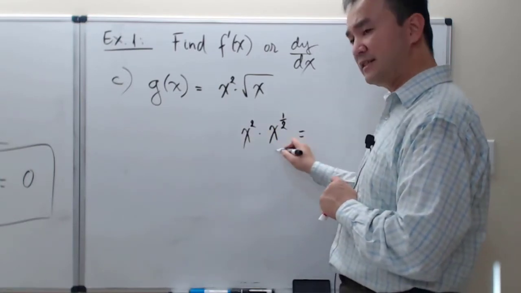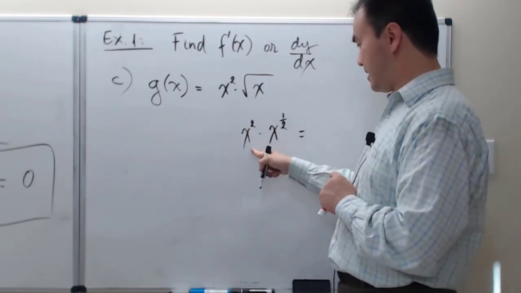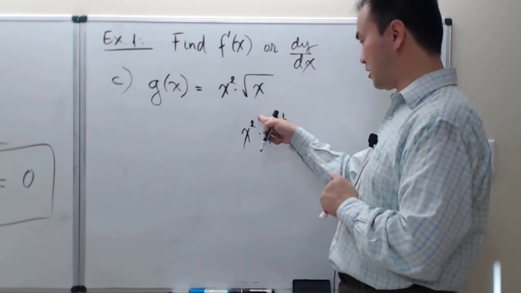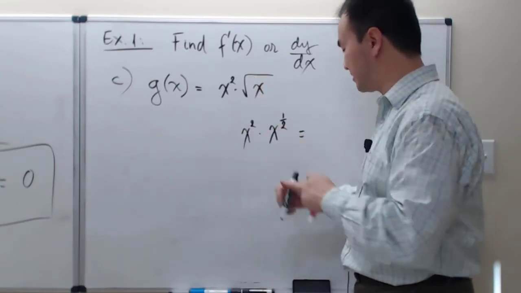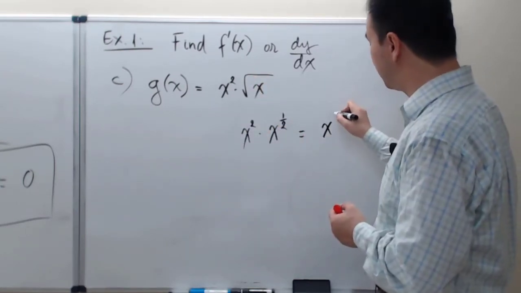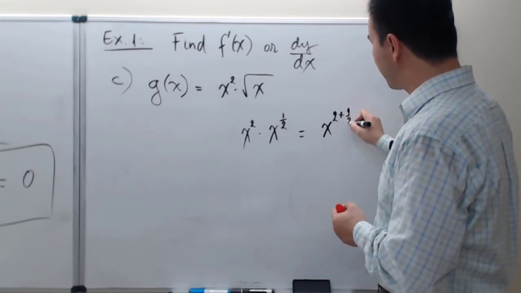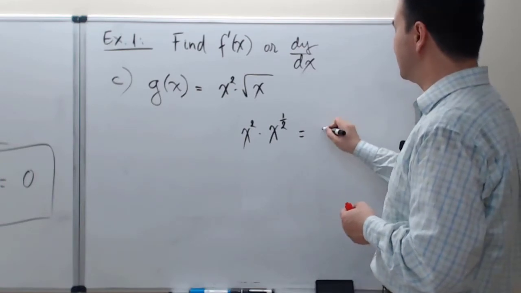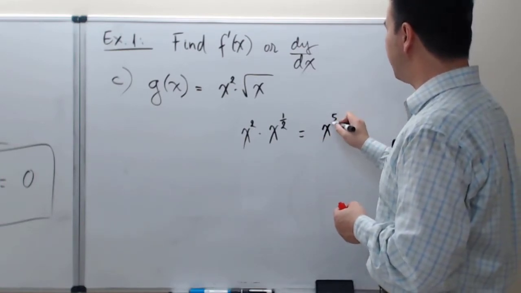So all together, this is algebra review again. X squared times x to the 1/2, same base. So whatever the powers are, we're going to add up the powers. So your overall power function is x to the 2 plus 1/2, and 2 plus 1/2 is x to the 5/2.